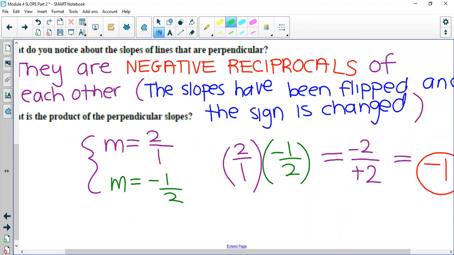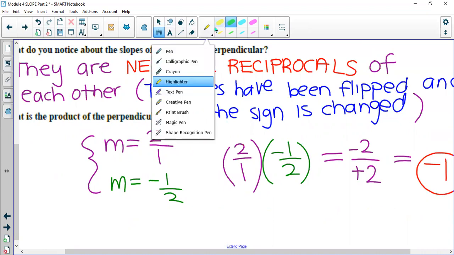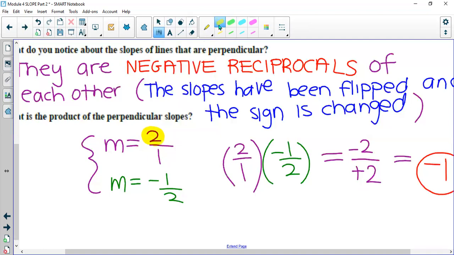If I want the negative reciprocal of positive 2, I'm going to flip the slope. So here positive 2 is on the top, here the 2 is on the bottom, here the 1 is in the denominator, now the 1 is in the numerator. My first slope is positive, so the second slope would be a negative.